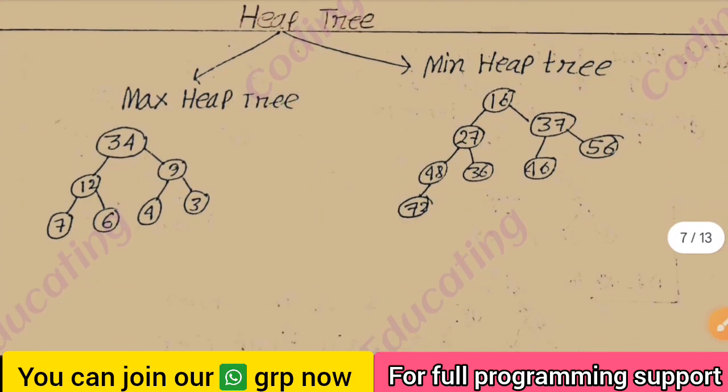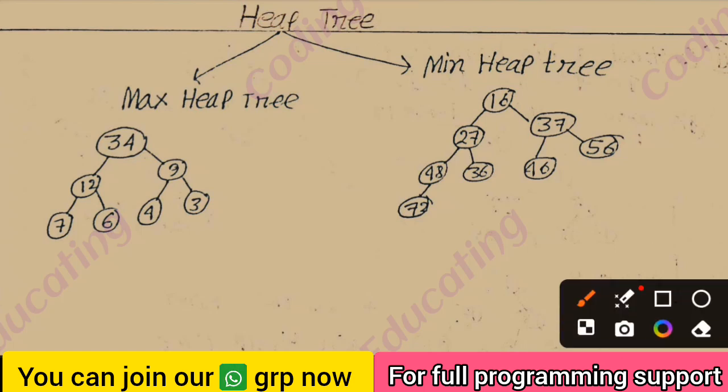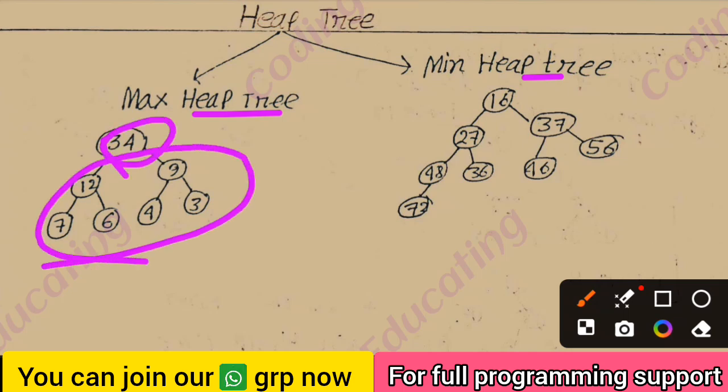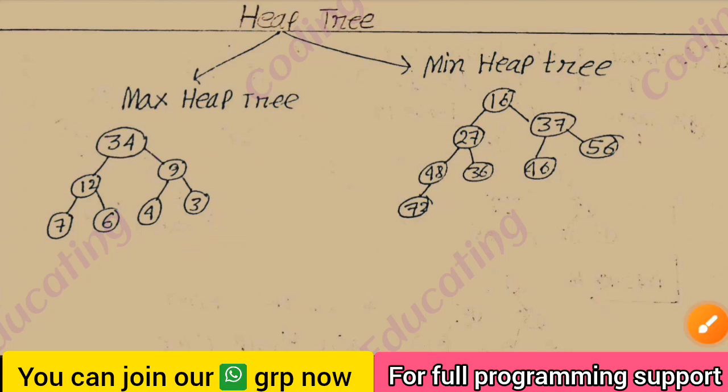At this time we are discussing the heap tree. What is a heap tree? There are two types of heap tree: maximum heap tree and minimum heap tree. In a maximum heap tree, the parent node has the maximum value and every child has a lower value compared with the parent value.